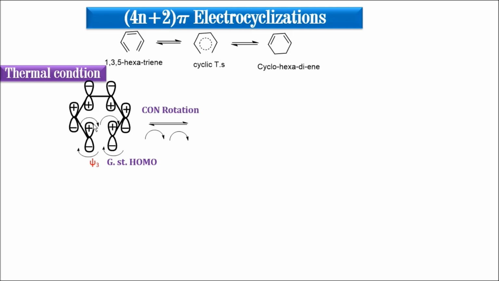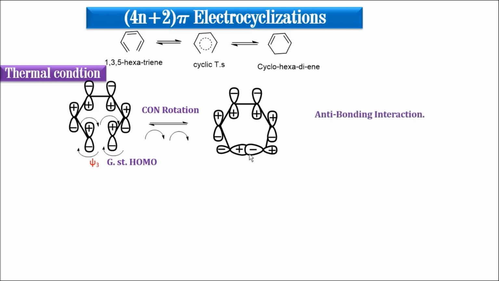After the rotation we get this type of interaction, plus overlapped with minus. When plus lobe overlaps with minus, that interaction is called anti-bonding interaction, and anti-bonding interaction is forbidden.